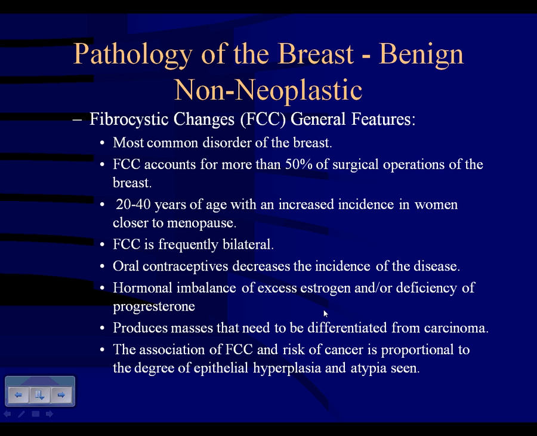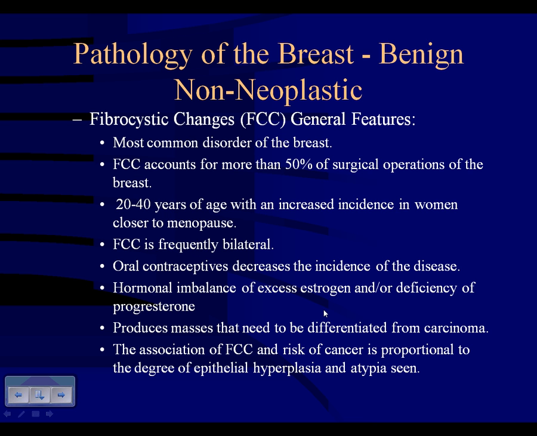And one other important thing to be aware of is that most fibrocystic change is of a simple standard variety, but there's actually some that will show hyperplasia of the ductal cells. We call it epithelial hyperplasia, sometimes proliferative breast disease. And sometimes it'll be a little bit atypical.